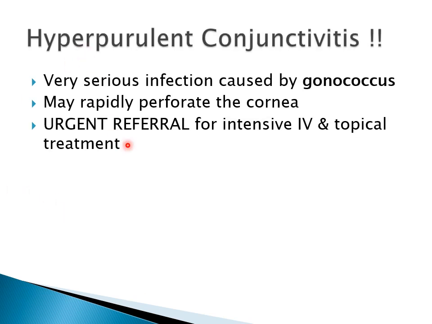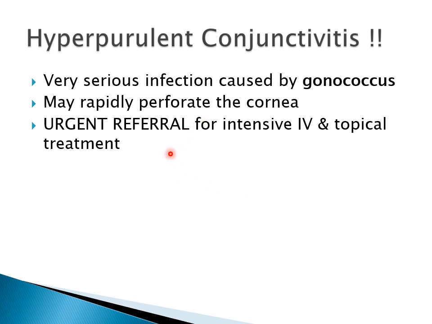There is a specific type of bacterial conjunctivitis called hyperpurulent conjunctivitis, and this is conjunctivitis that affects the neonates, part of what we call the ophthalmia neonatorum. It's caused by gonococcus species, and if not treated, it causes perforation of the cornea.